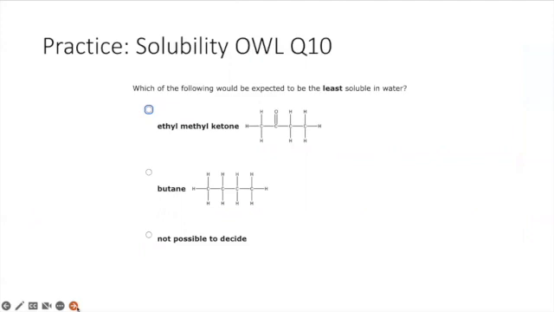So, practice OWL question 10. Which of the following would you expect to be the least soluble in water? Here I have an example of a ketone, which we'll learn next week.